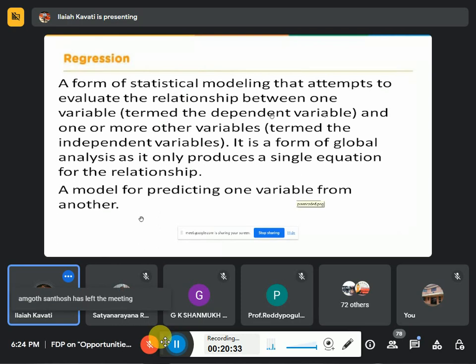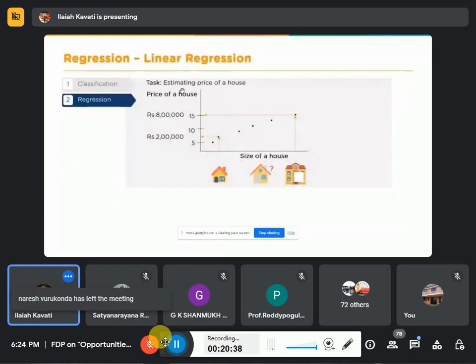Okay. Now there are a few examples I'm going to explain. See here, in the linear regression case, suppose we are estimating the price of a house. Generally that depends on a lot of parameters.